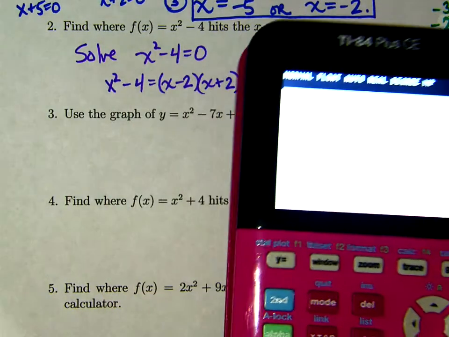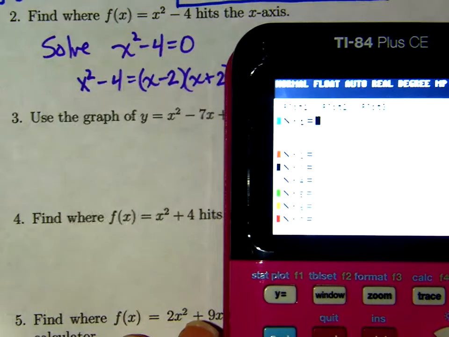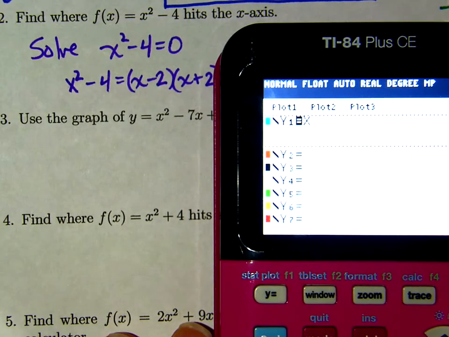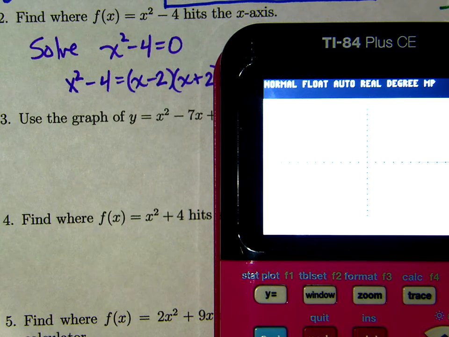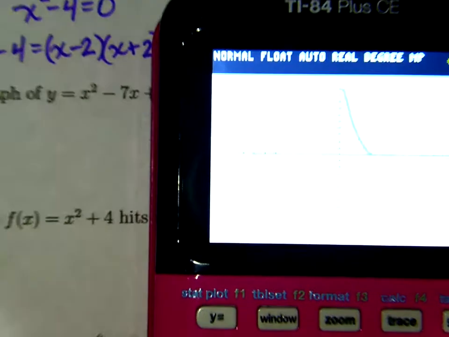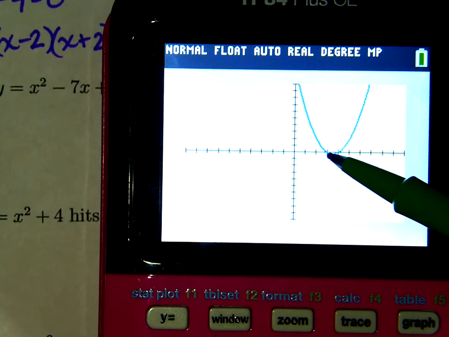Okay, so y equals, clear that out, x squared minus 7x plus 12, graph. Ooh, 1, 2, 3, and 4.